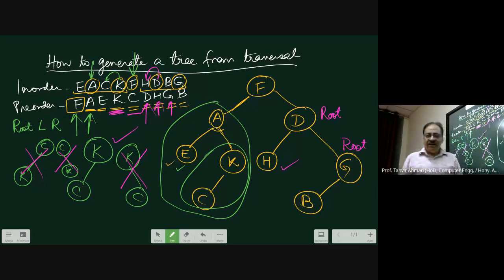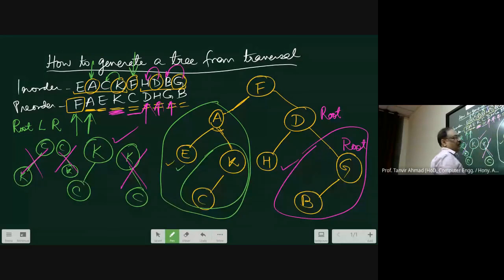This will become the root. Root किसका? The subtree. इस subtree का. But B will come in the left of G. Why? Because of this. Therefore, B will come here. No, these are all subtrees. ये भी subtree है. This is a subtree.